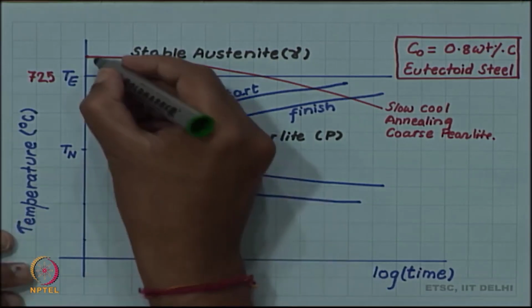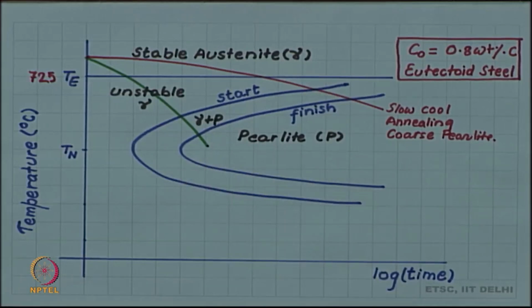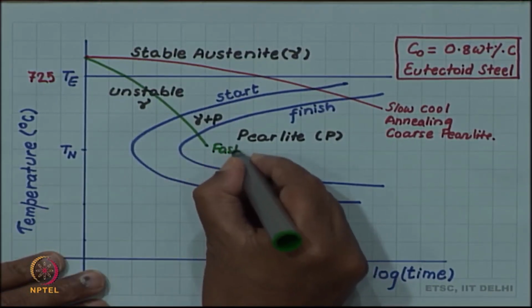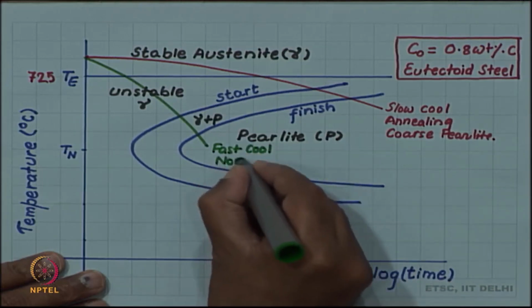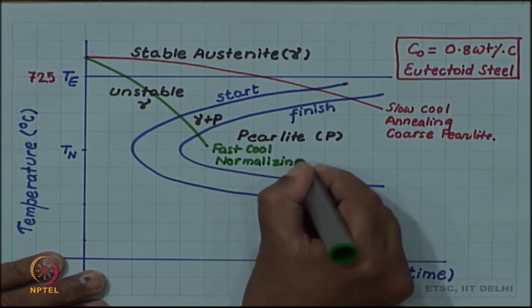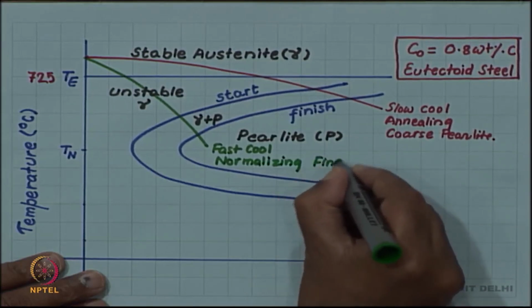We had another curve, the faster curve, so let us call that fast cool, which was normalizing, and it produced fine perlite for us.